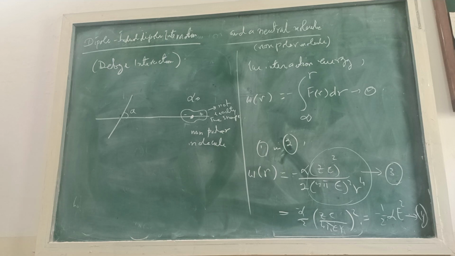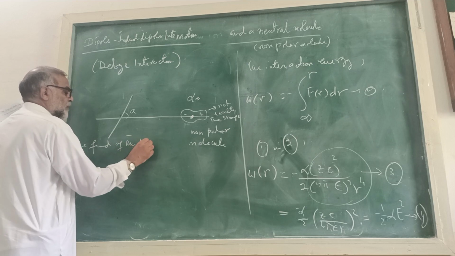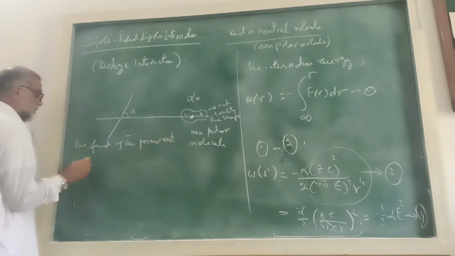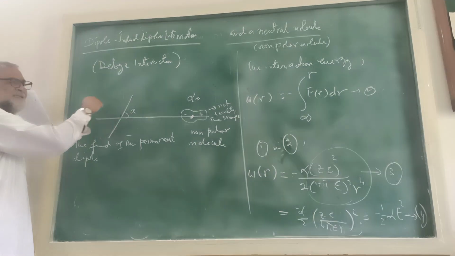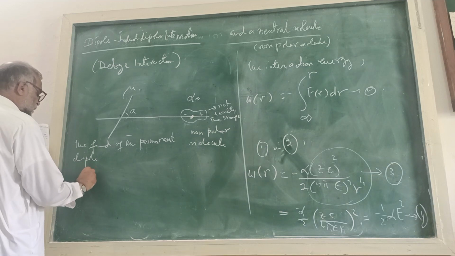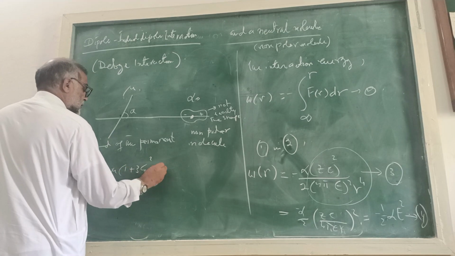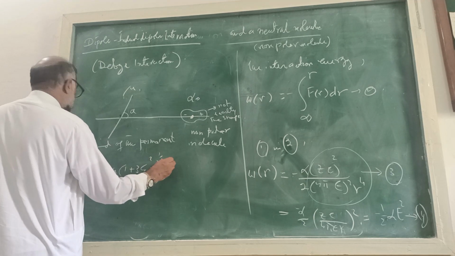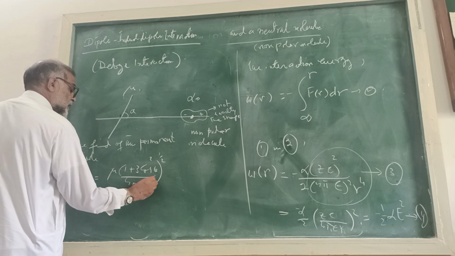Then the interaction energy. The field of the permanent dipole, that is the permanent dipole with dipole moment mu, will be equal to mu into 1 plus 3 cos square theta, divided by 4 pi epsilon r cubed.